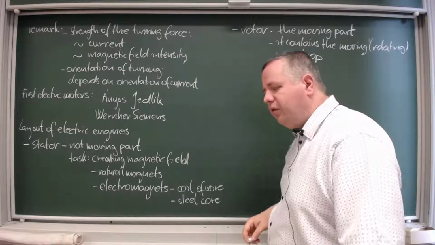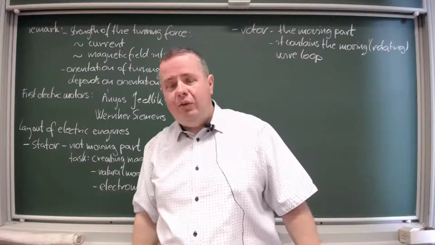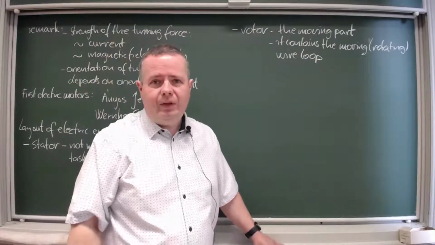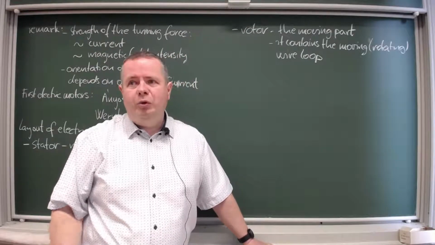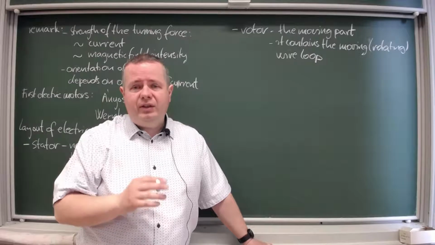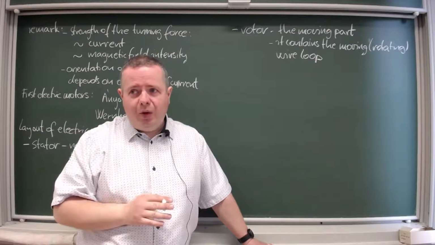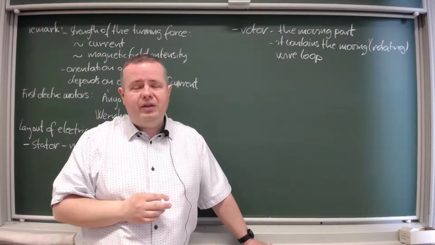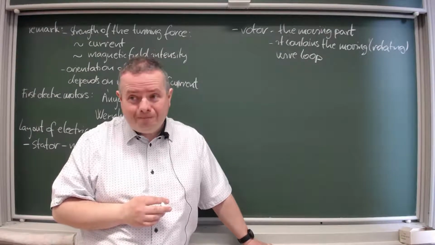And here, the first problem is that if you got just one wire loop, you put it perpendicularly to the magnetic field, and the magnetic field starts to turn it. Once it arrived to the parallel position, it doesn't want to move anymore.